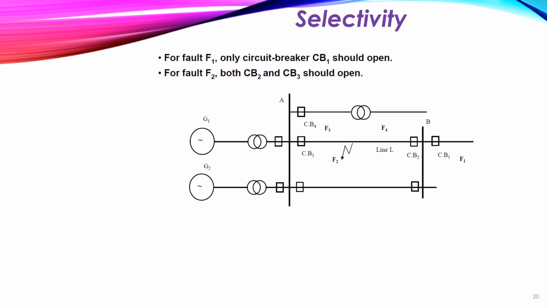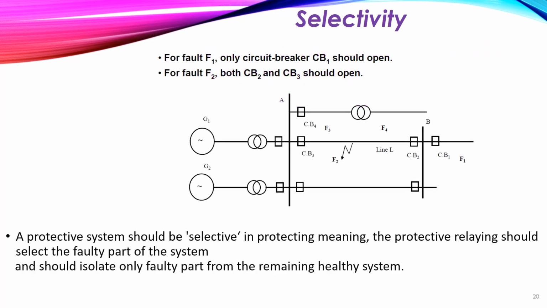So what does selectivity mean? The protective system should be selective in protection, meaning the protective relaying should select the faulty part of the system and isolate only the faulty part from the remaining healthy system. So what does this mean?